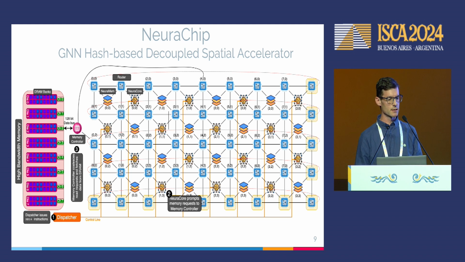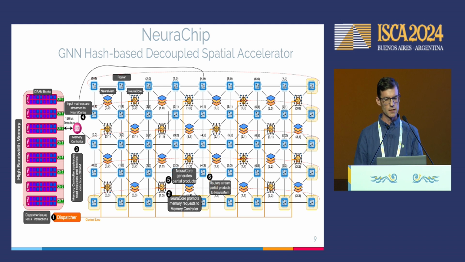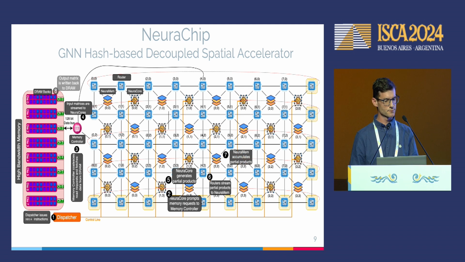So the NeuraCore sends the request to the memory controller to retrieve those 8 elements. Once they arrive, the NeuraCore generates these 16 partial products, and they are sent according to the DRHM mapping algorithm to the specific NeuraMem units for accumulation. Once the NeuraMem units accumulate all the partial products for a particular output value, they are sent to memory.